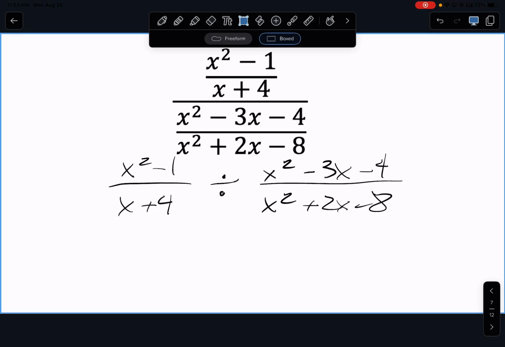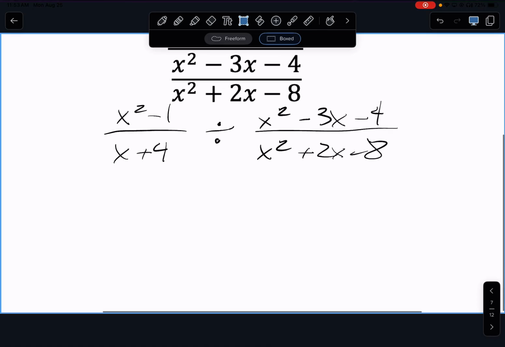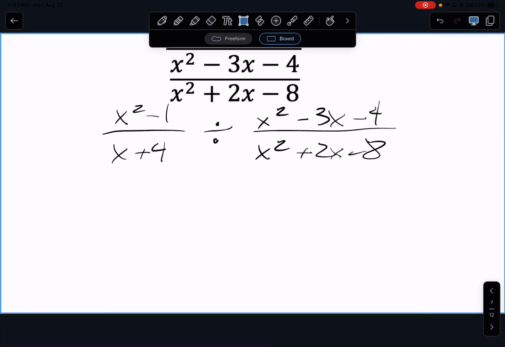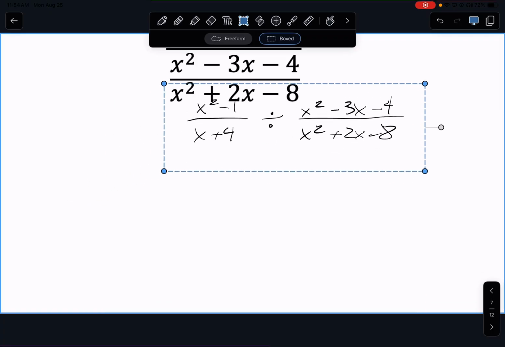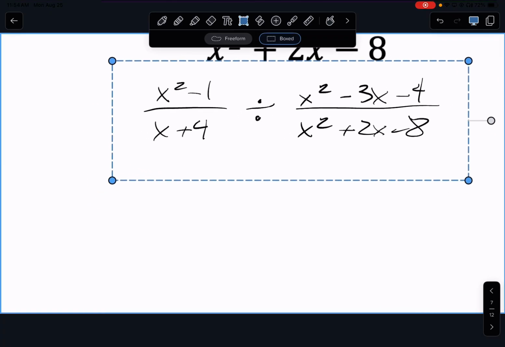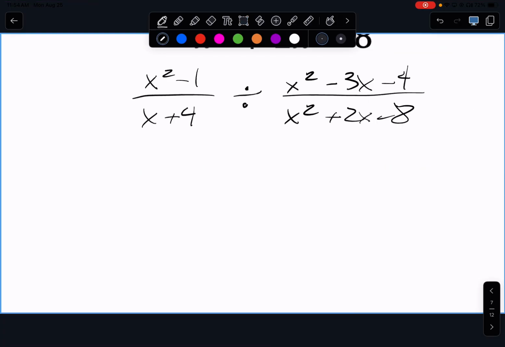Now, because we have division, we're going to do what? Copy dot flip. This is going to stay the same. And again, that's another place where I might do more than one step at a time because I know that x squared minus 1 is a difference of squares, right?